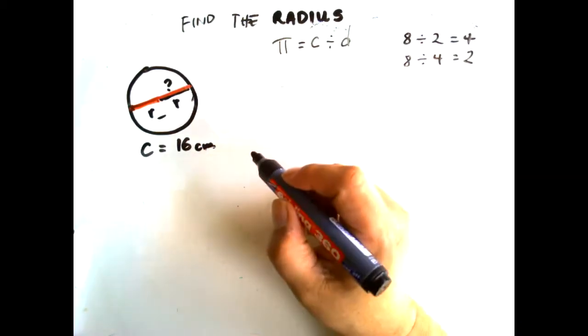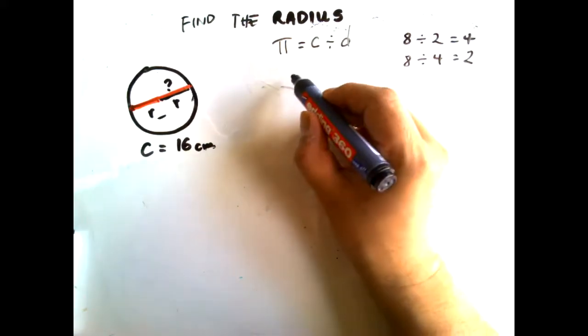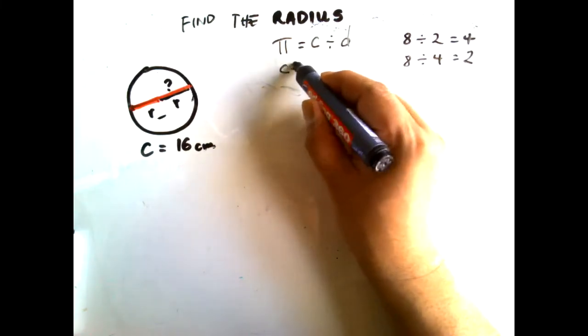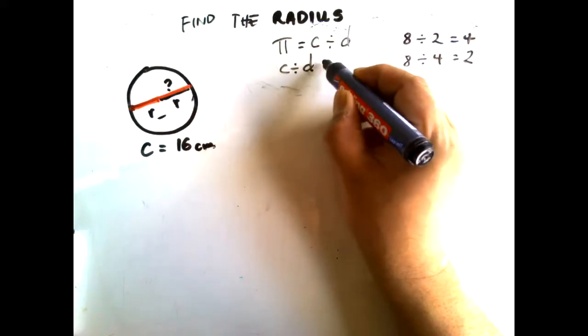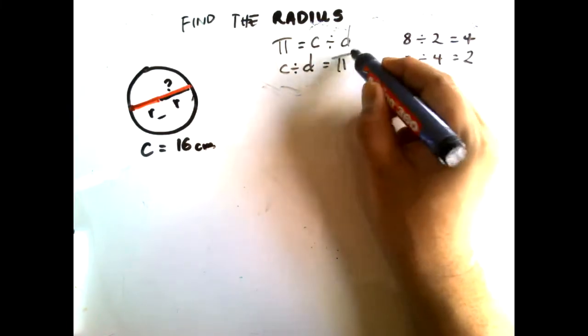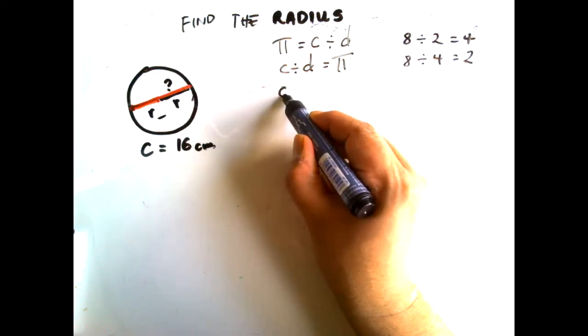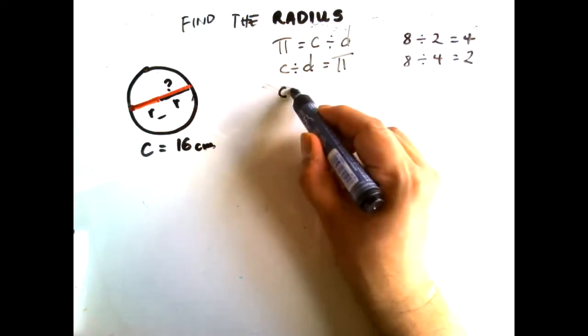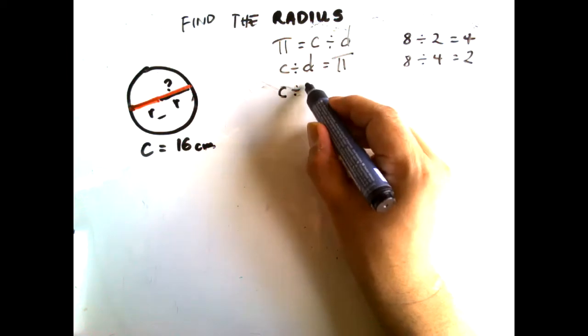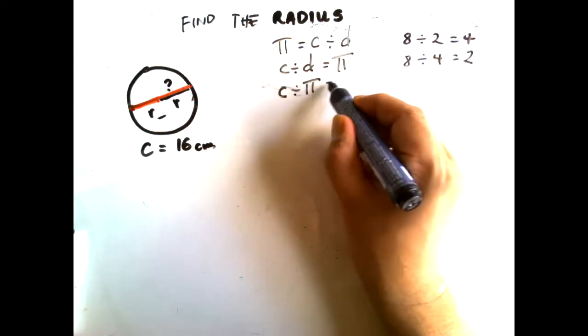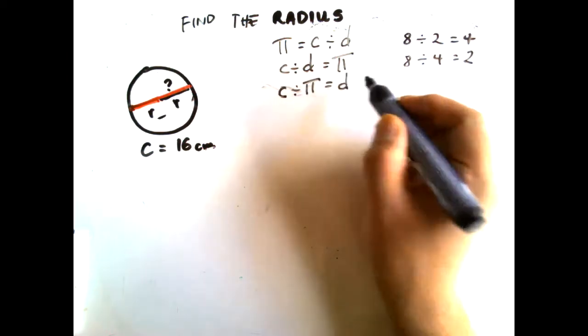It's similar here. If we say c divided by its diameter is pi, we could also say c divided by pi is equal to its diameter.